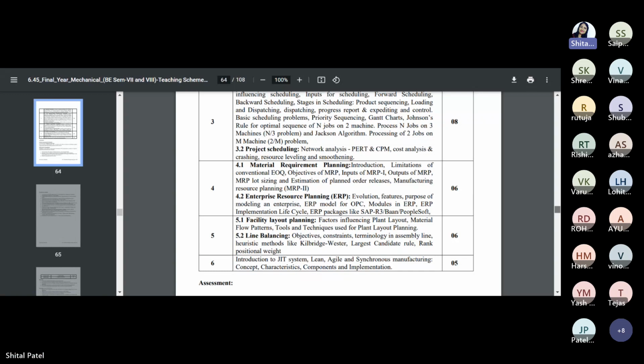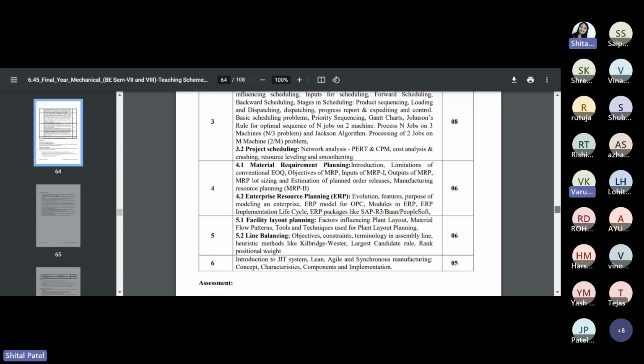Then the whole theory about manufacturing resource planning, that is MRP2. Now this MRP and MRP2 may be either a single question of 10 marks, or individually it can be asked as a 10 marks question, each of them.